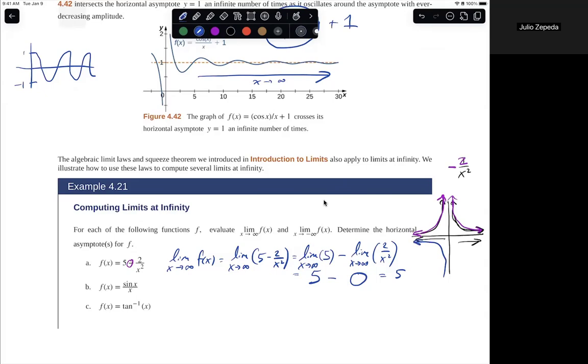But the limit at infinity is still going to be the same. It's still going to be approaching 0 as x goes to infinity, or as x goes to negative infinity. The function value gets close to 0. And then finally, adding this 5 shifts the whole graph up 5 units. Let me delete a couple things here.